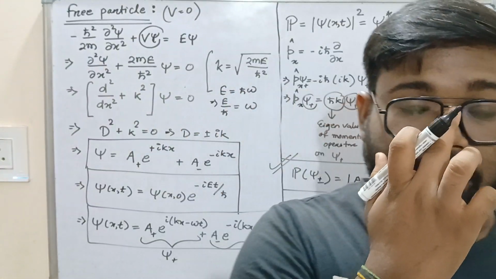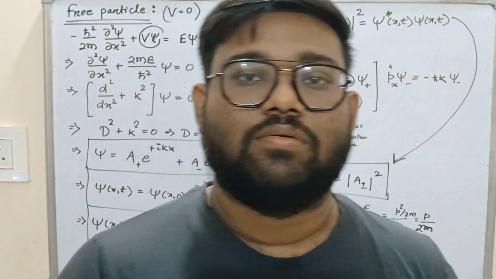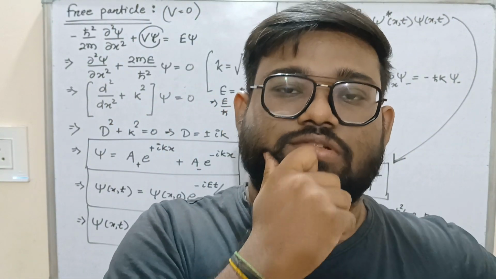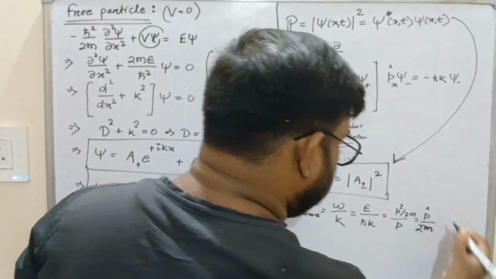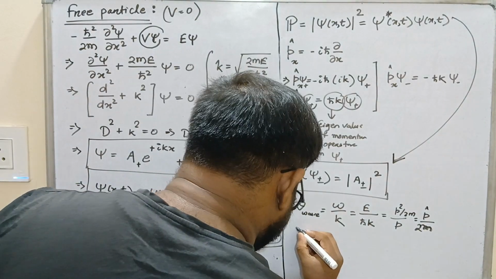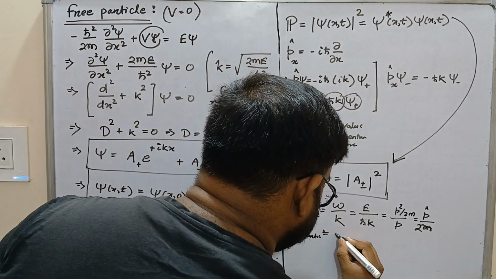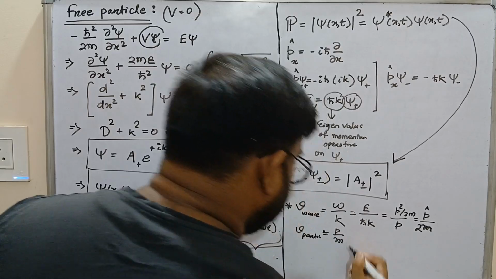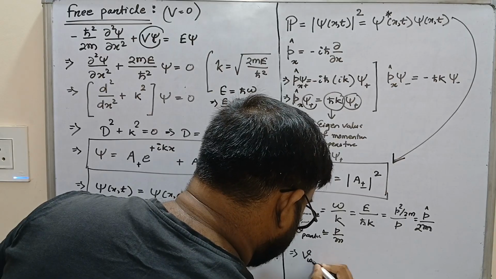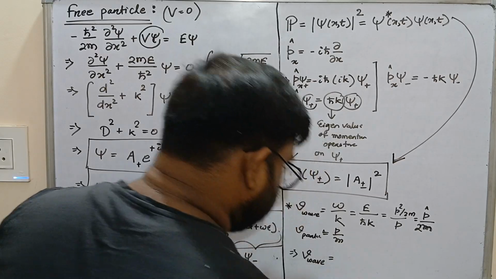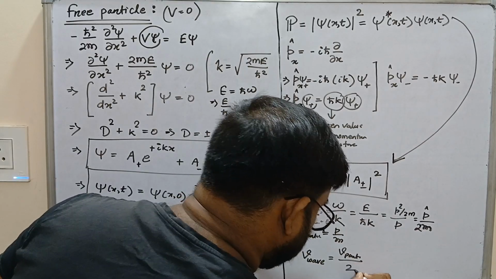By the time this was evolving as physics, we already knew that momentum equals mass times velocity. So now it is coming out to be p by 2m. We know the particle's velocity is p by m. So what we found out is that the velocity of the wave is equal to the velocity of the particle divided by 2.